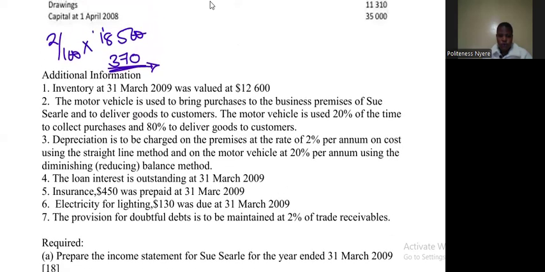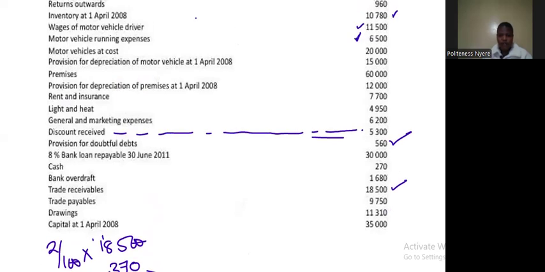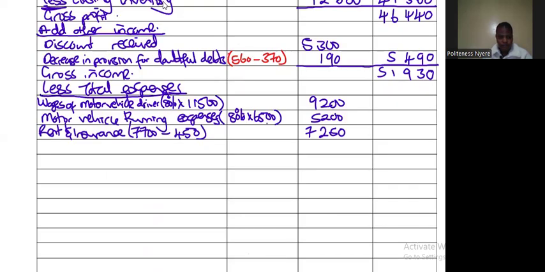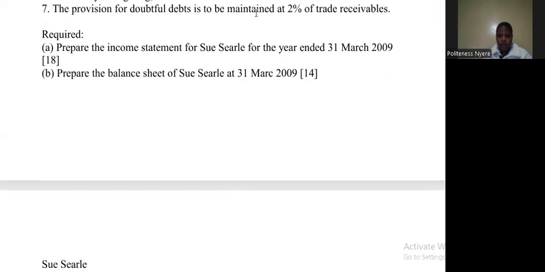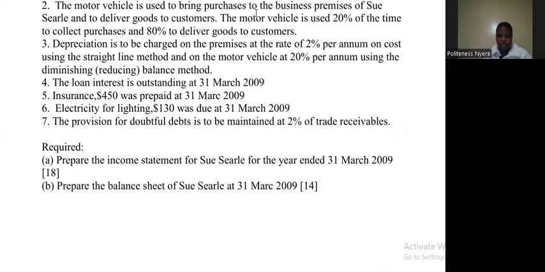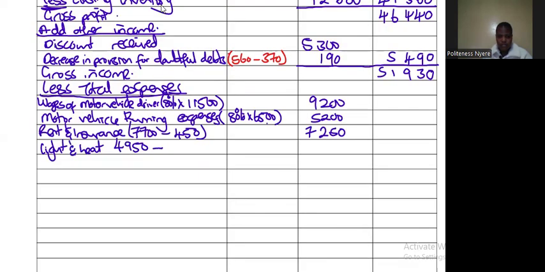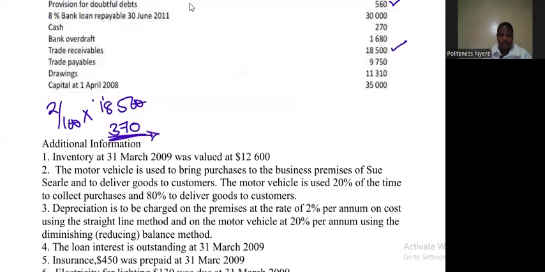So light and heat was 4,950, and we had 130 outstanding, so we add that 130. That is going to give us 5,080.